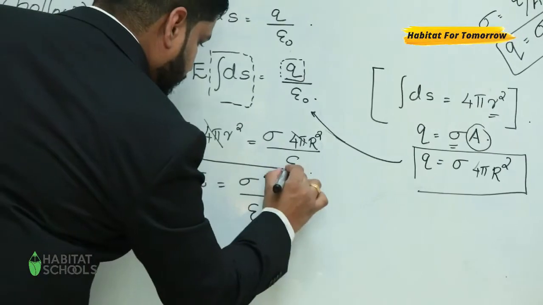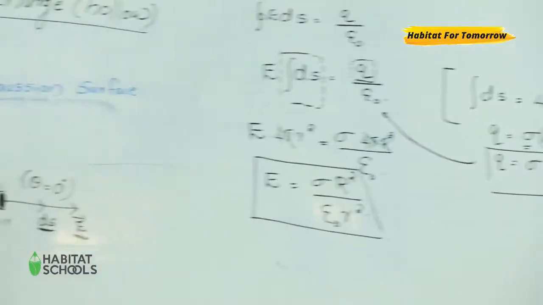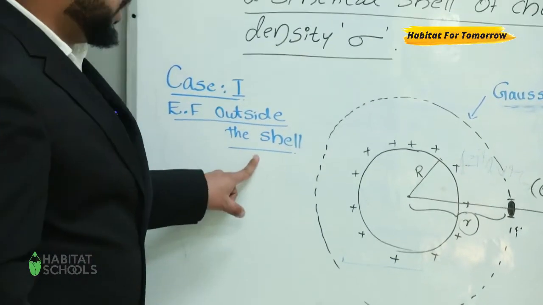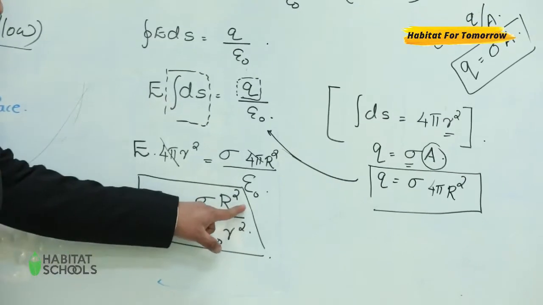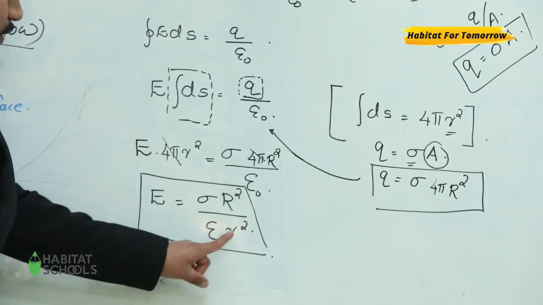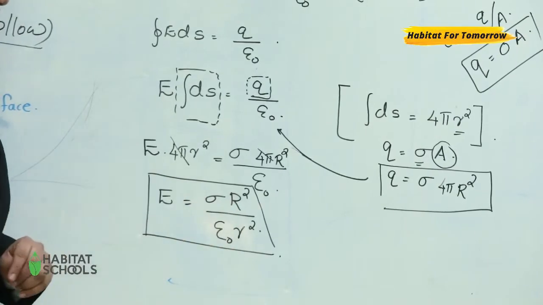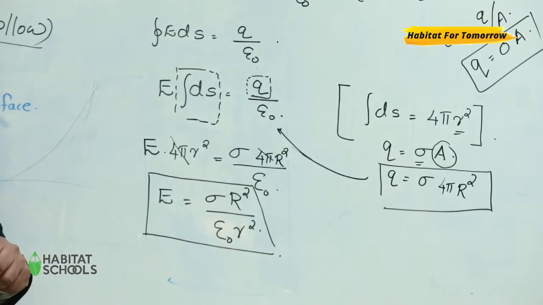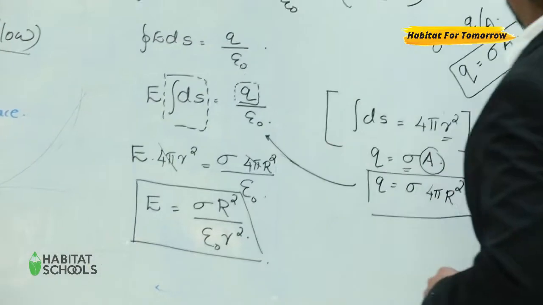So it is the basic equation of electric field outside the shell. That is E is equal to sigma R square divided by epsilon 0 r square. Capital letter R is radius of the sphere and small letter r is radius of the Gaussian surface. So the same way you can find the second case.